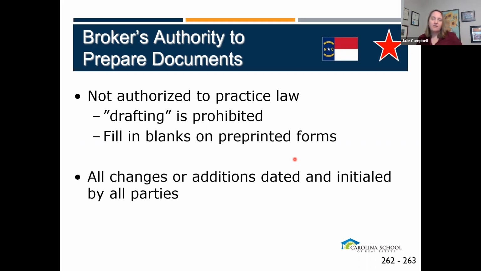This is why they provide us with pre-printed forms to use. The legal language is already drawn up. All I have to do is fill in the blank. Remember our agency agreements that we looked at? That whole legal document was already drafted up. I didn't prepare that. All I do is fill in the blanks.